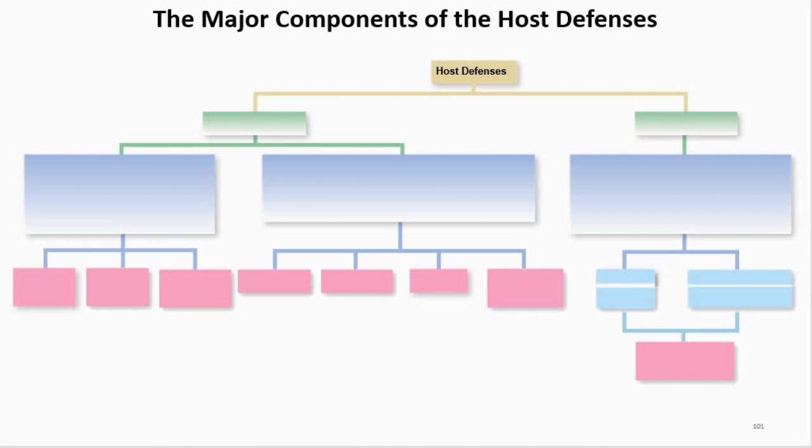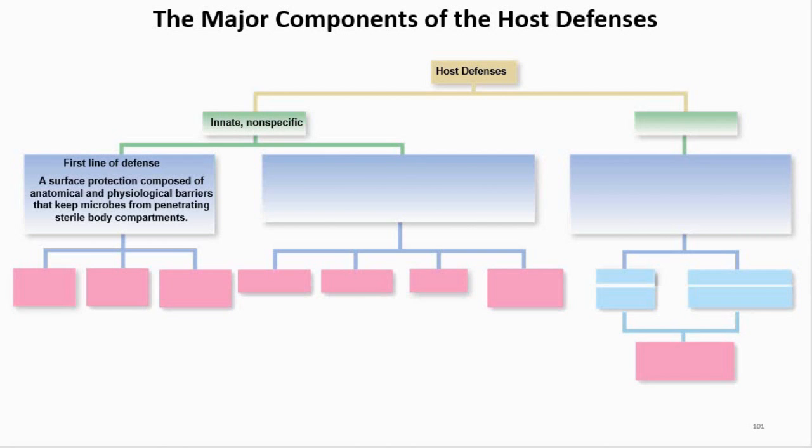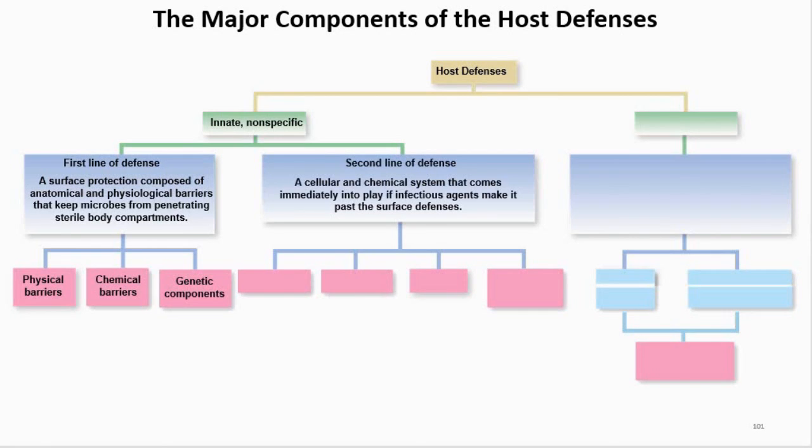Okay, so we've seen this before. We saw this at the beginning, but let's just kind of run through it one more time. So we had innate or non-specific immunity, which was broken up into the first line of defense, which was barriers, physical barriers, chemical barriers, and just genetic makeup. Then we had the second line of defense, which were cellular.